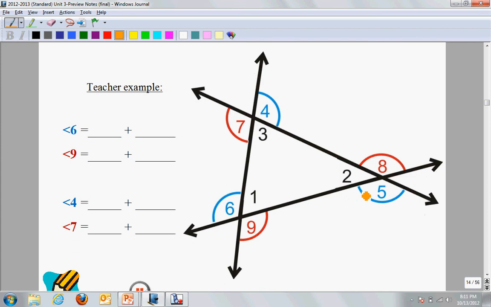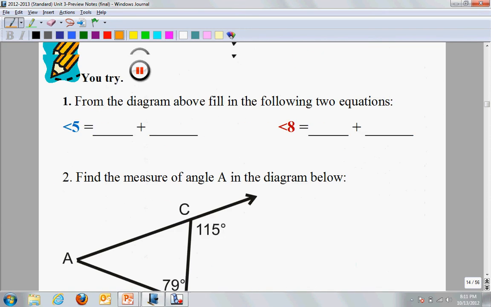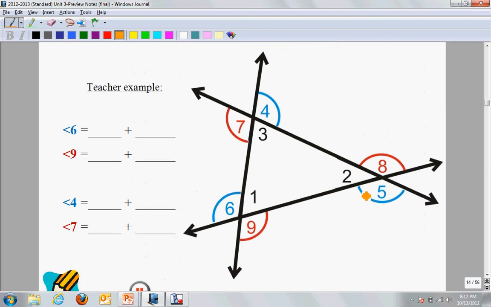So, for example, angle 6 is going to be equal to the remote interior angles of angle 3 and 2 added together.